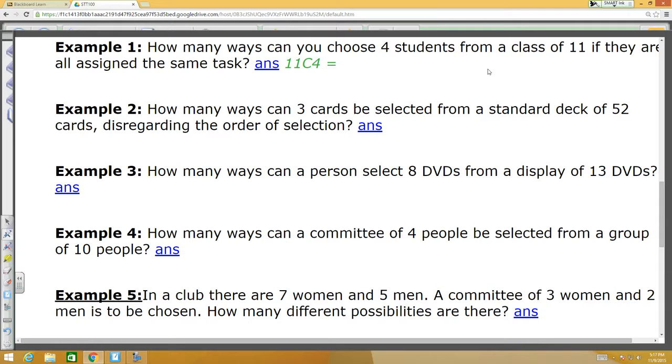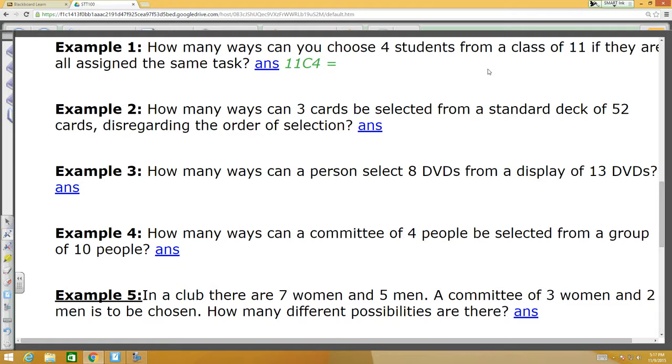The answer of example 2? 11C4. 11C4 is how much? 330. How do you calculate it manually? That's another story. Are you planning to bring a calculator in the exam?